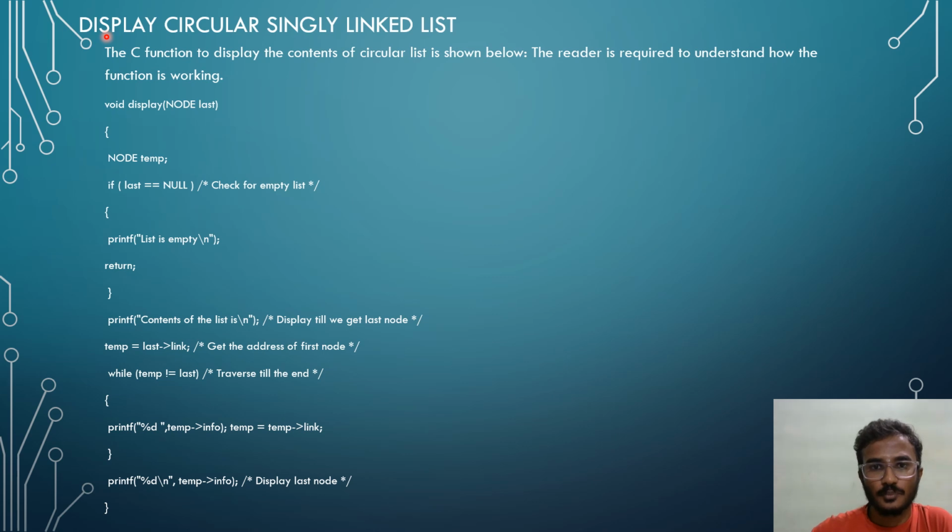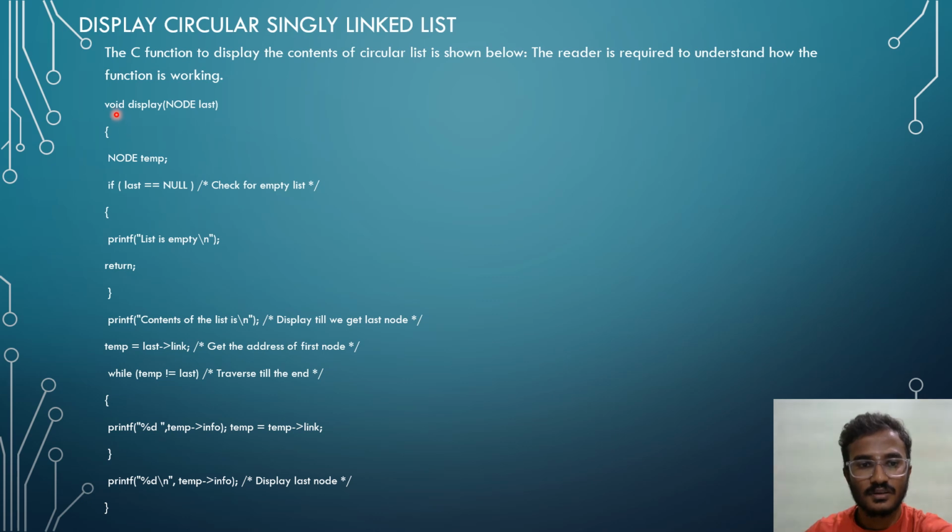Finally, we have to display the circular singly linked list. Displaying the circular singly linked list shows the contents of the list. The C function to display the contents of the circular list is shown below. The reader is required to understand how the function is working.